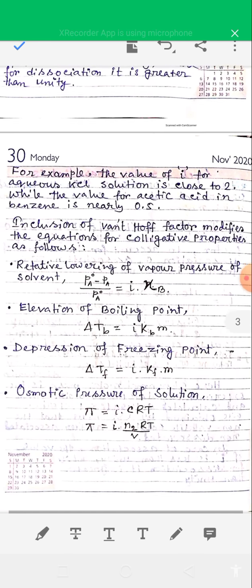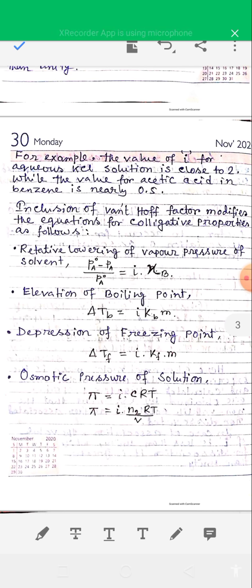So for example, the Van 't Hoff factor i for aqueous KCl solution is close to 2, while the Van 't Hoff factor of acetic acid in benzene is nearly 0.5. This is because KCl dissociates into two ions. One KCl dissociates into one K+ and one Cl-.